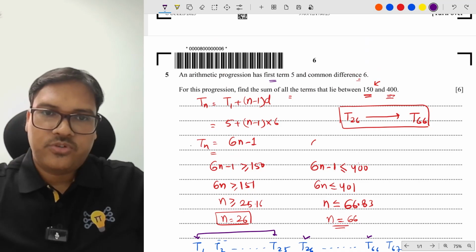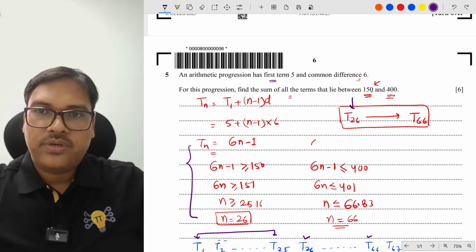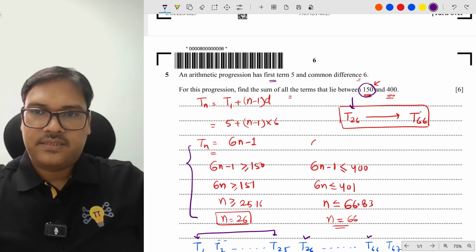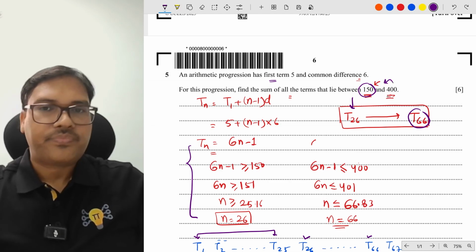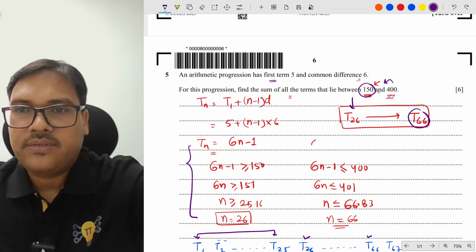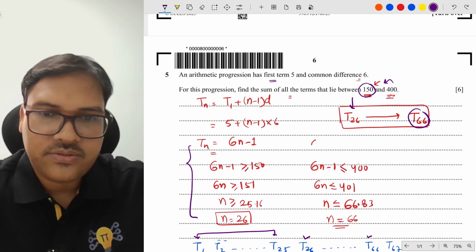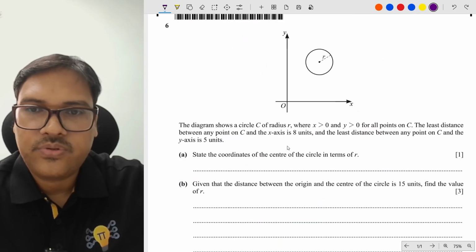The first step should be clear: the 26th term of the AP will be greater than 150, and the last term, the 66th term, will be less than 400. That way you can easily solve this question. The answer is 11275. Now let's move to the next question.